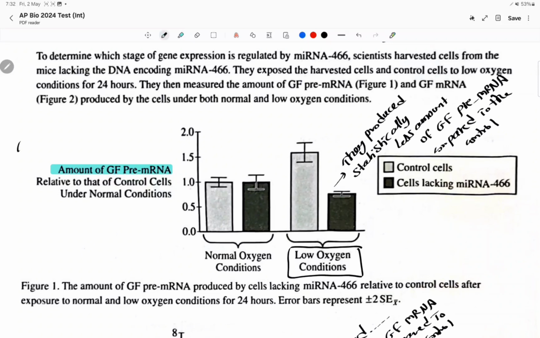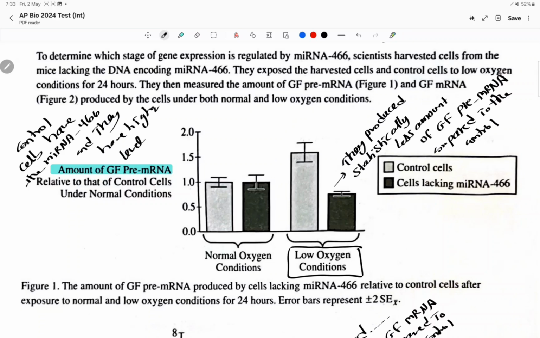So we're going to say that the control cells have the miRNA 466 and they have higher levels of GF pre-mRNA than cells that lack miRNA 466.